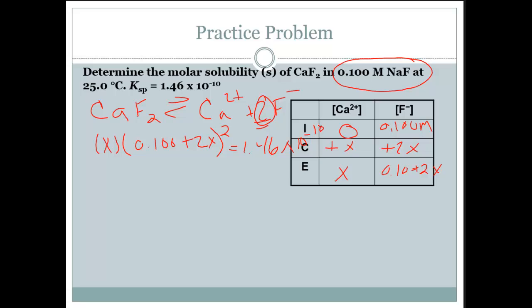Now, because we're assuming that this 2x is going to be far, far smaller than 0.1, we're going to get rid of it. So that means we have 0.100 squared times x is equal to 1.46 times 10 to the negative 10. So we square the 0.1 still, and that comes out to be 0.01.